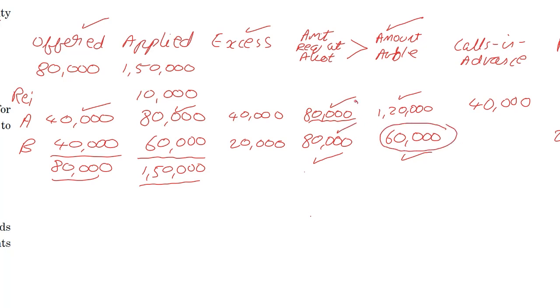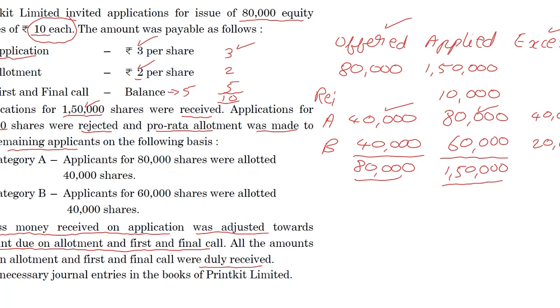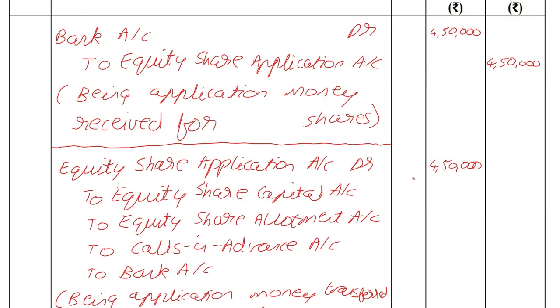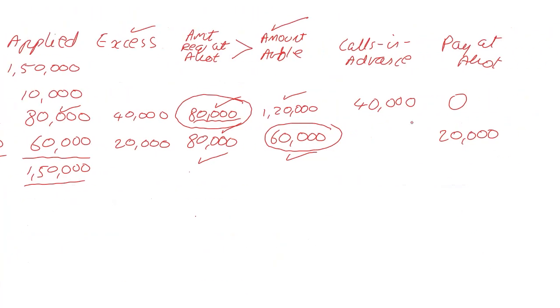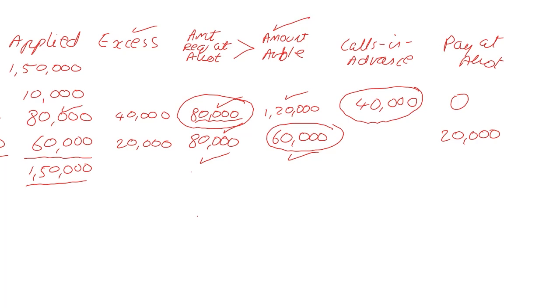So 60,000 from here and 80,000 from here, 1,40,000 will go to share allotment account. Then going back, we have calculated the amount for calls in advance, which is 40,000.